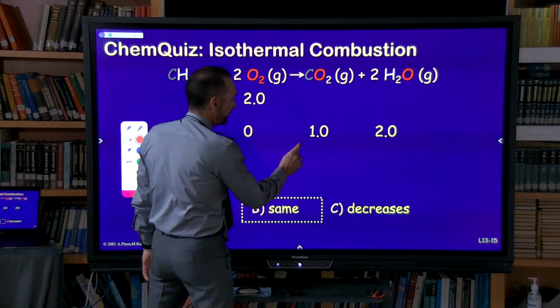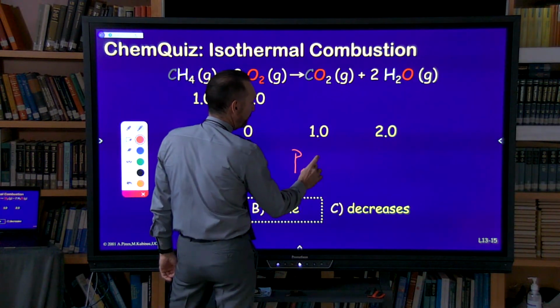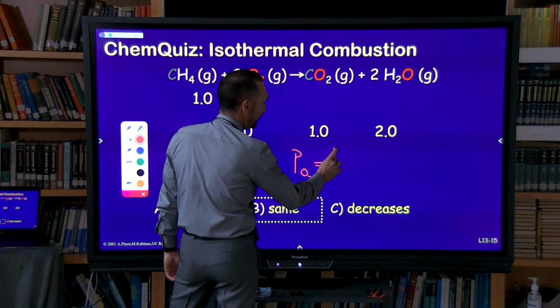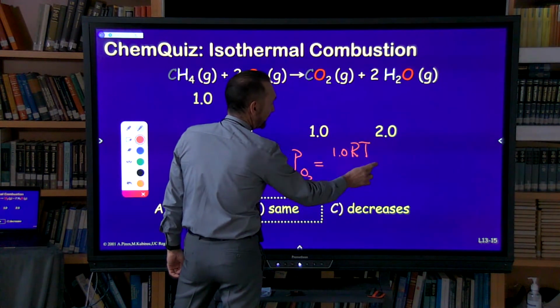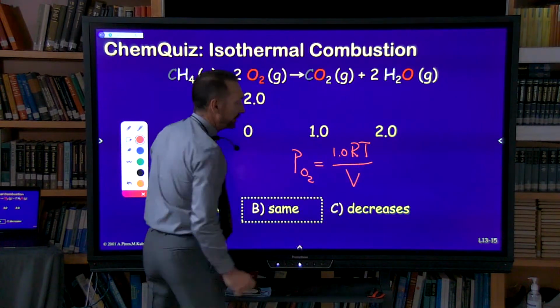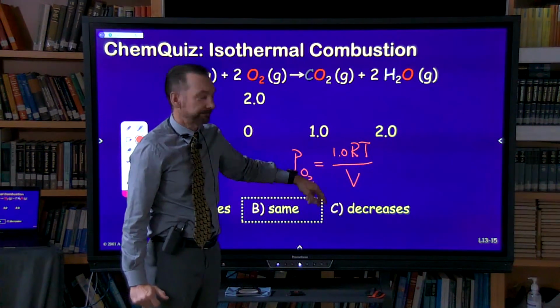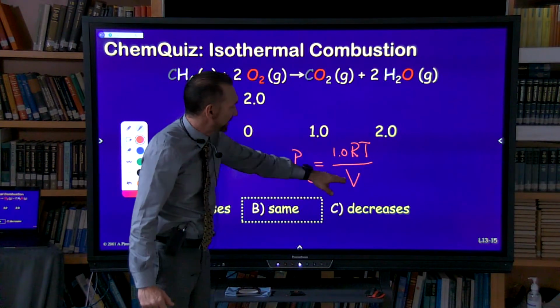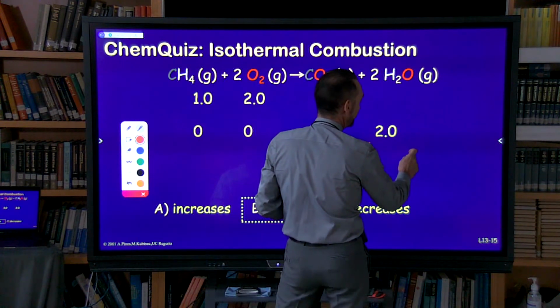So calculate the pressure of O2 by saying, well, it's the moles of O2, n, R, and the temperature over the volume, but this is the entire volume of the flask. So you have to say oxygen has the entire flask to work with, and water has the entire flask to work with.